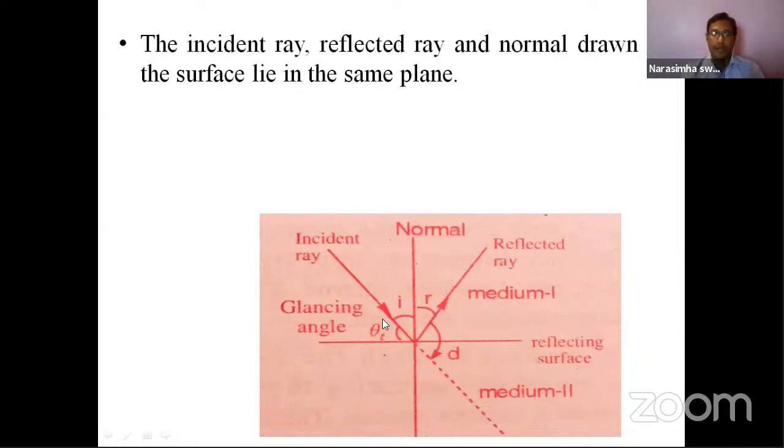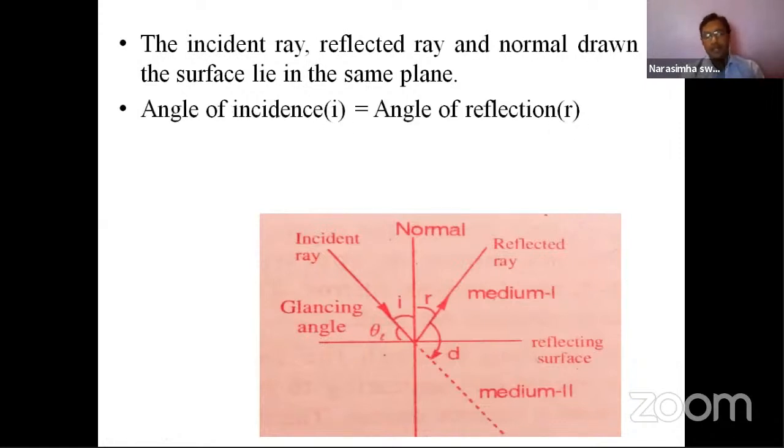So all these three, that is incident ray, normal, and reflected ray, lie on the same plane. This is the law of reflection.